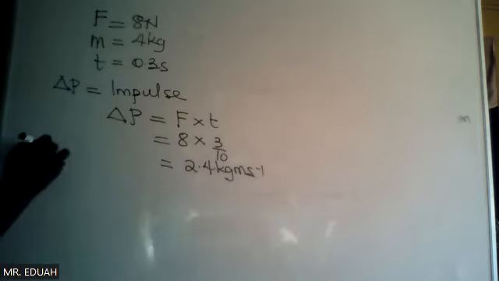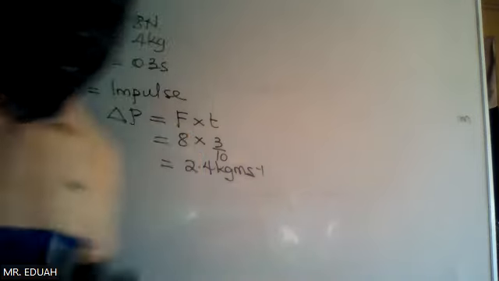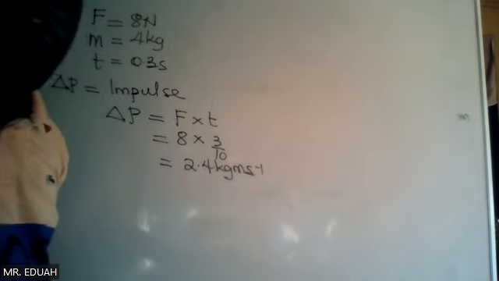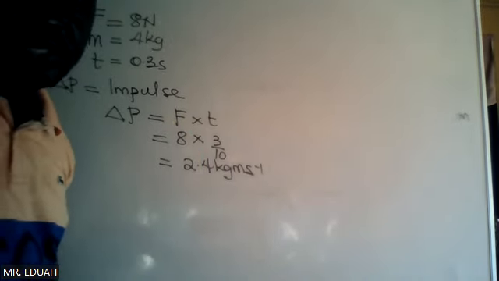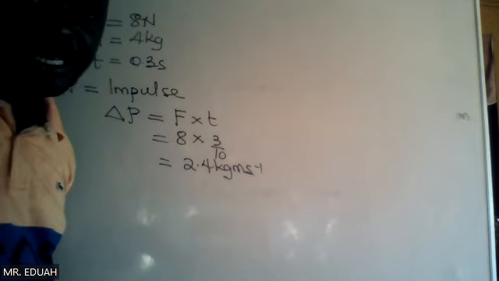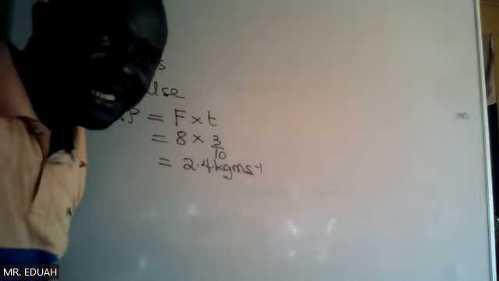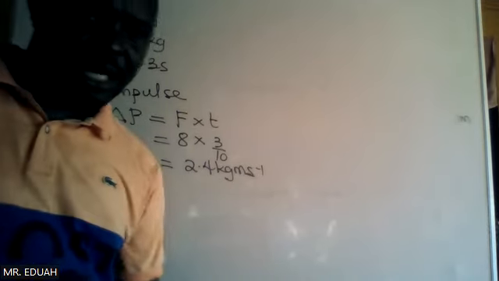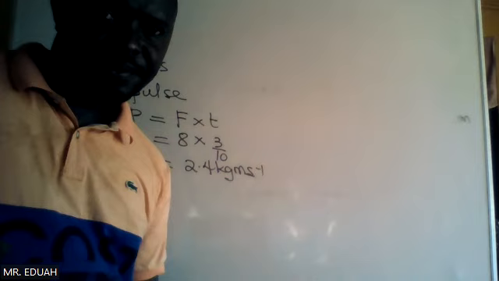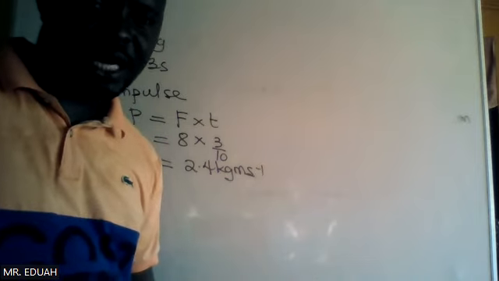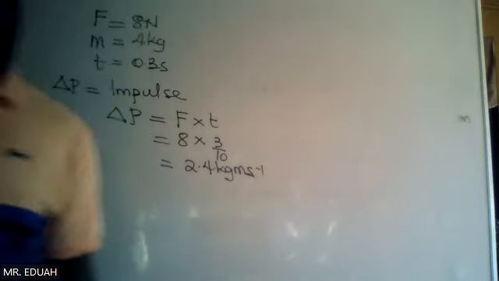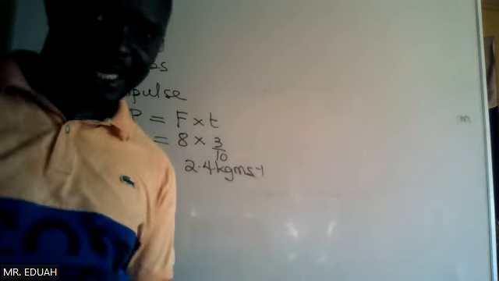Okay, another volunteer to come in. If the body was originally traveling at 5 meters per second, what is its final speed? Yes? Who would want to take us through this one? A volunteer. Somebody should volunteer.